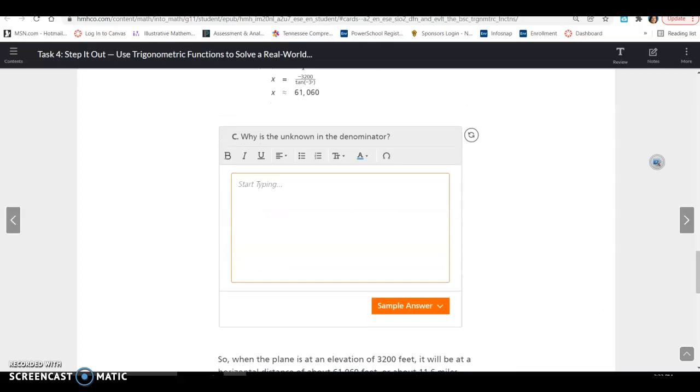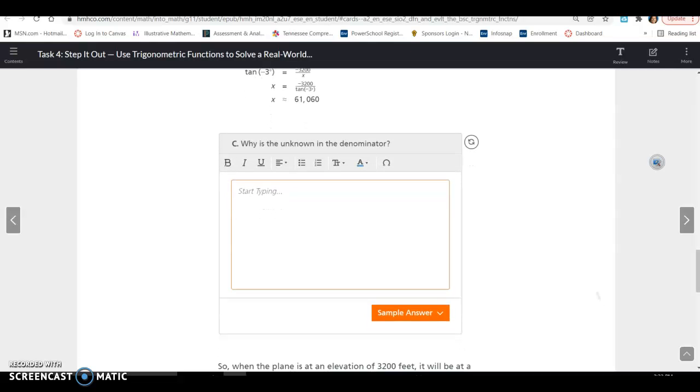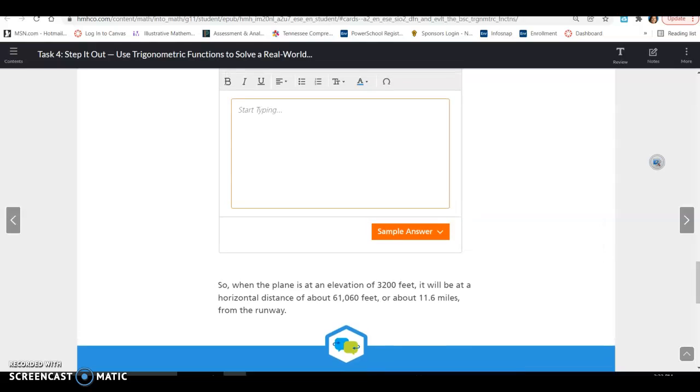And then it says, why is the unknown in the denominator? Well, the unknown is going to be whatever part that you're searching for, so whatever's not given. So you have to plug in the information given, and then sometimes it'll be the denominator, sometimes it would be the numerator. So in this case, we're looking for the denominator because that was the unknown.